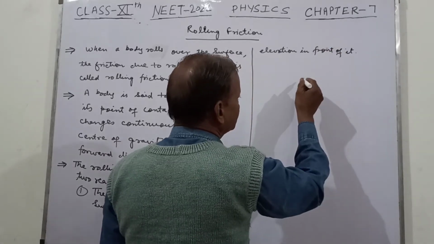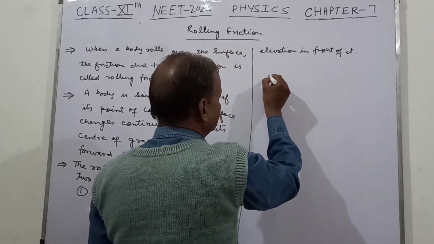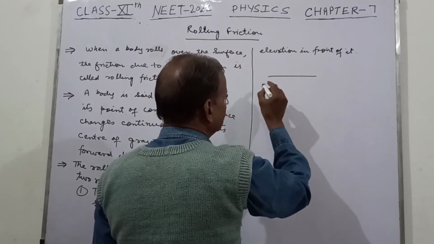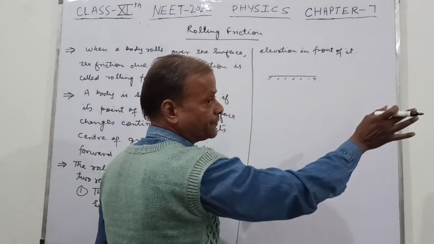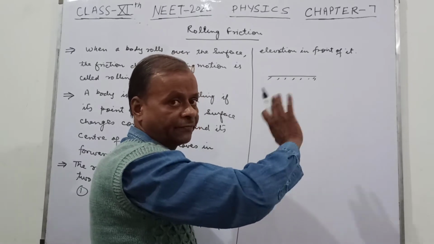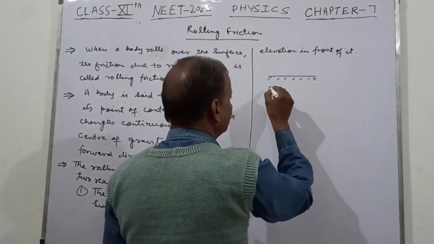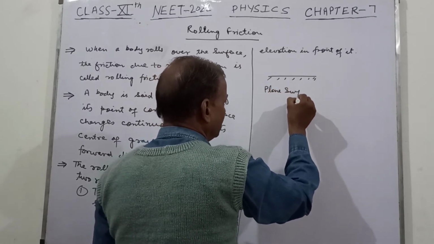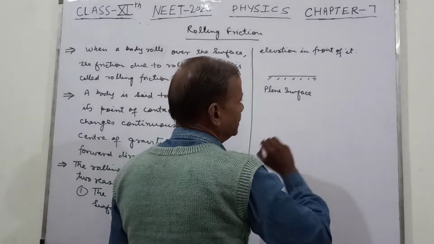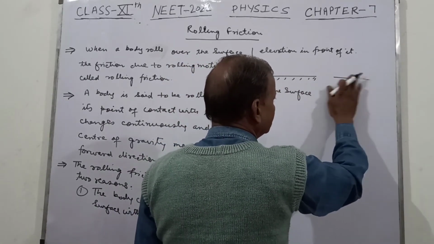Let's suppose we are having this surface, this is the plane surface having no elevation and depressions at all. But suppose here we are having some body on it.